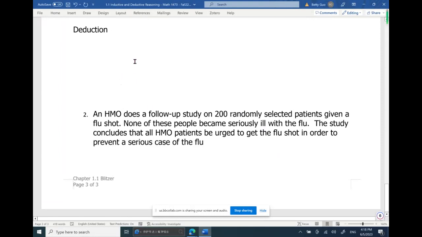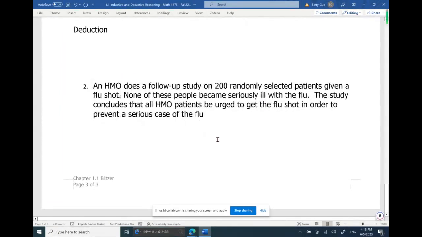This conclusion is made for all the patients based on 200 selected patients. So what is this? Pause the video and think. The number of cases is increasing from specific to general. From 200 cases, we make a conclusion about all the cases, right? This is induction.